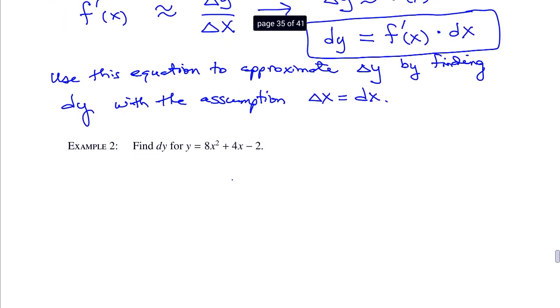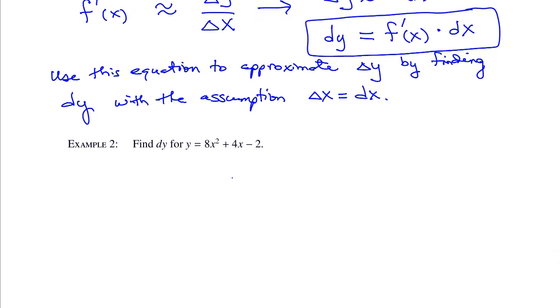Example 2: find dy, the differential of y, for the equation y equals 8x squared plus 4x minus 2. So the formula for the differential of y is f prime of x times dx, the differential of x. So dy is equal to, now we look at the equation.